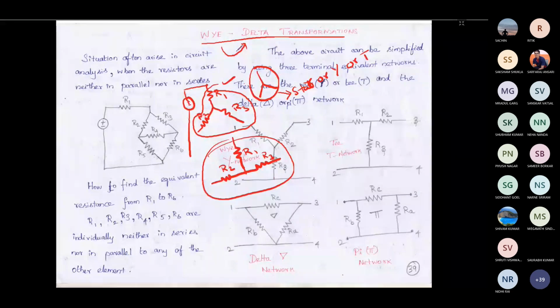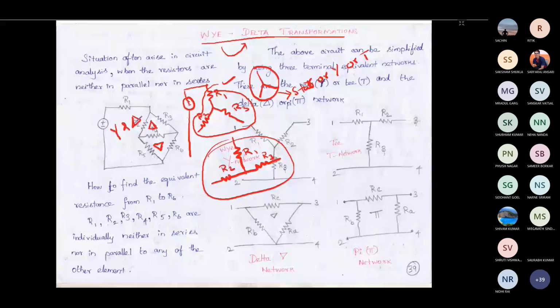Similarly, if you see R2, R3, and R4, this is like a delta symbol, right? And if you see R4, R5, and R6, you get an inverted delta symbol. Now this particular circuit is a combination of star and delta. So it is not possible for us to solve the circuit exactly as it is.